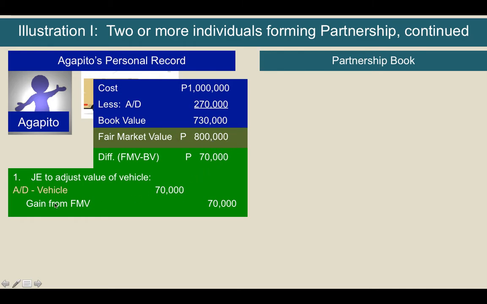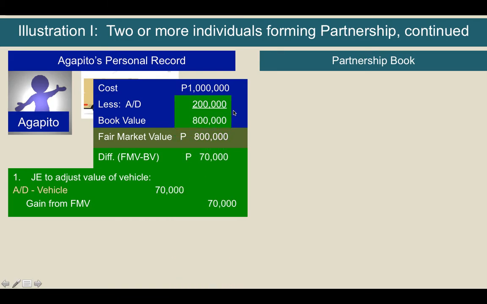So we can reduce the accumulated depreciation by 70,000, and the reduction of the accumulated depreciation we will consider as other income. We can use an account called gain from fair market value of 70,000. If Agapito does this entry, the accumulated depreciation will be lesser by 70,000, so it will only be 200,000.